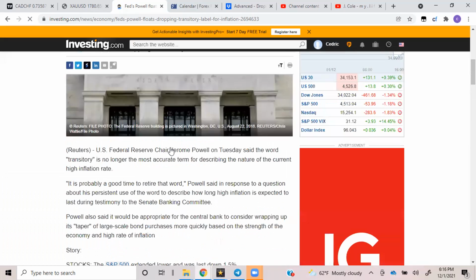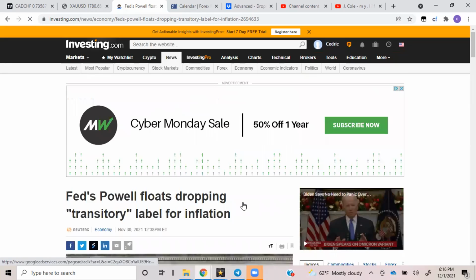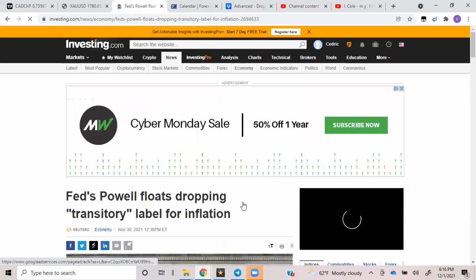But there's still a lot of uncertainty due to the new variant that is out. And also, I don't think they've answered the inflation problem yet, or come up with a solid solution to make people certain about the market.